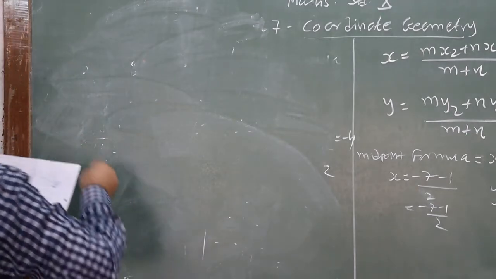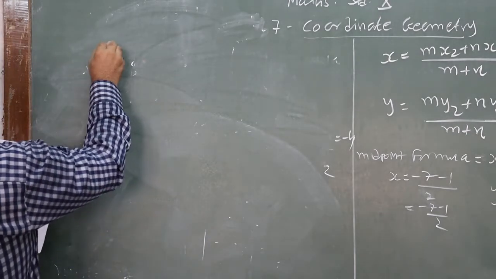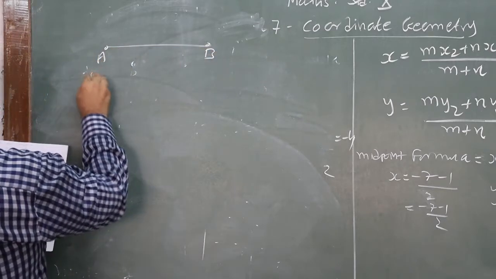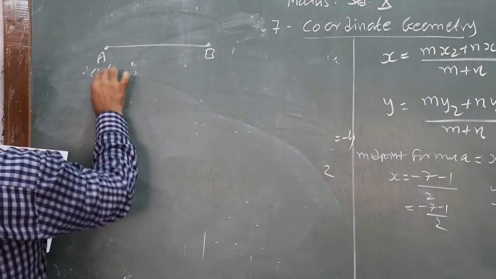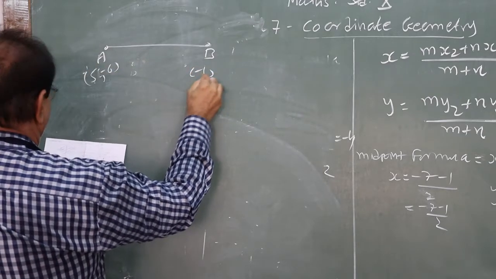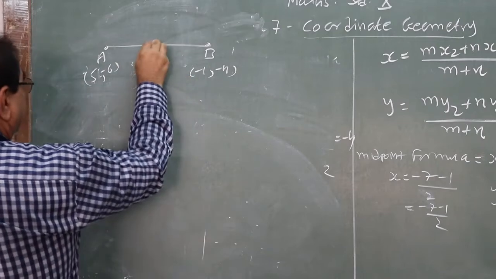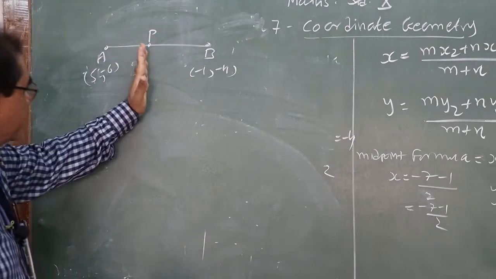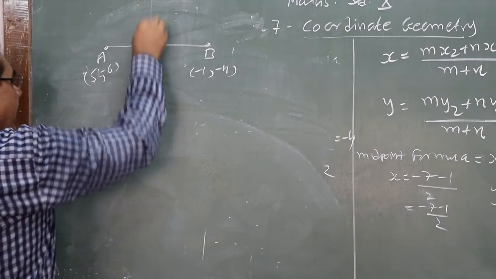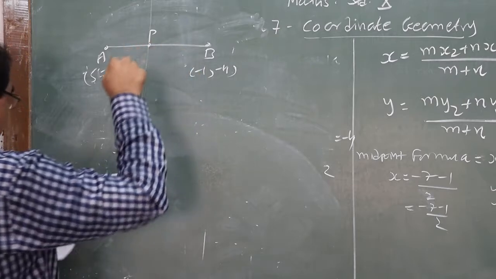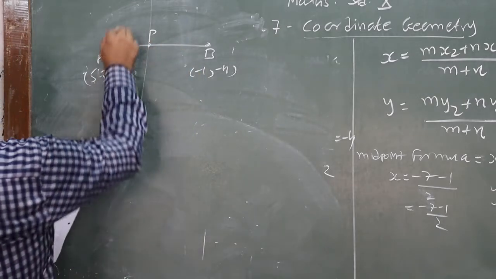Now one very easy question. A and B. A is 5 comma minus 6 and B is minus 1 comma minus 4. So in what ratio does y-axis divide the line segment?